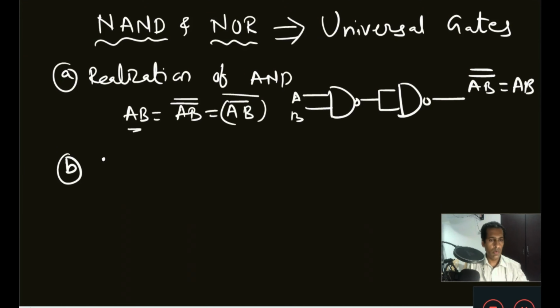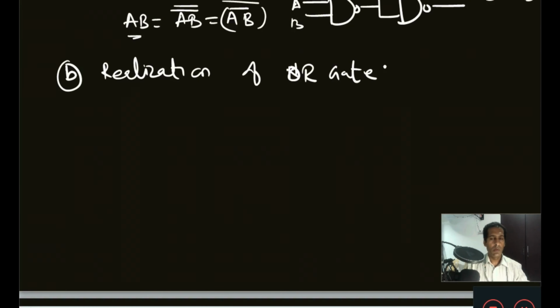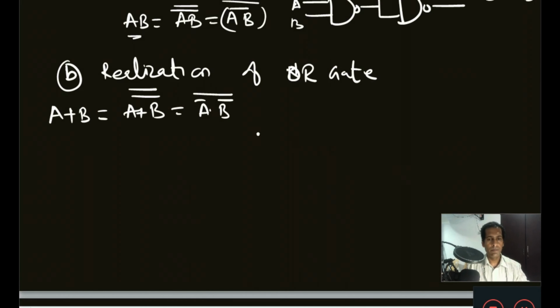Then we can also see the realization of the OR gate using NAND gates. The OR gate gives addition, A plus B is equal to A plus B double bar, or we can say (A bar dot B bar) whole bar.